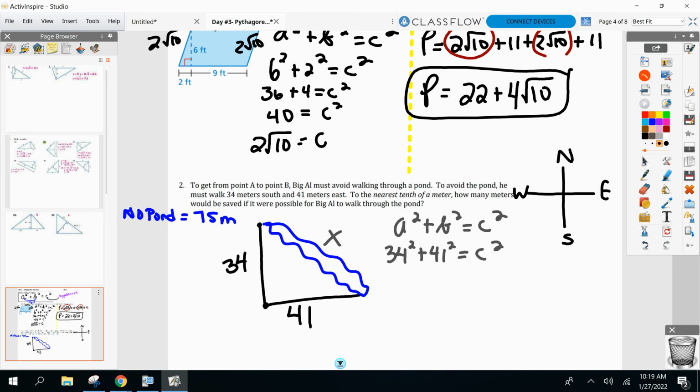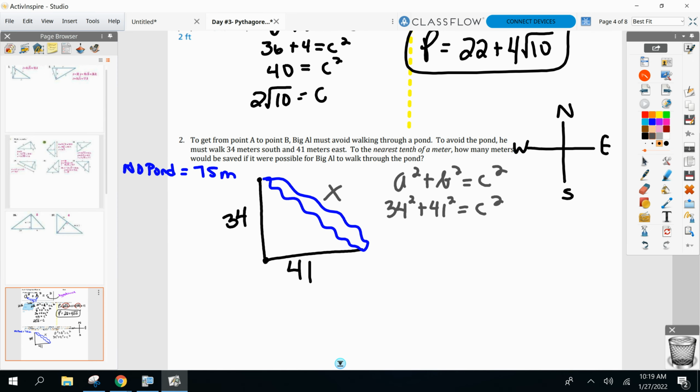If you guys have read the problem, you'll notice I don't say simplest radical form for this one. But I am going to get fired up here in a second, so just prep yourself.